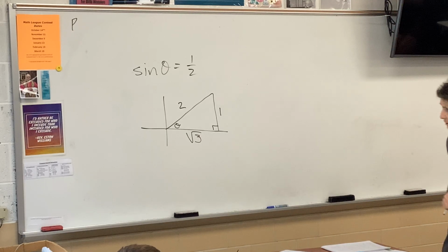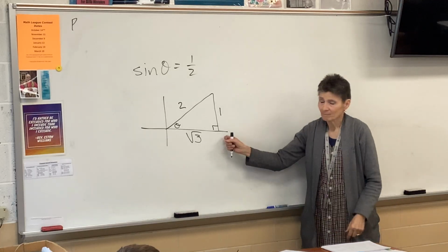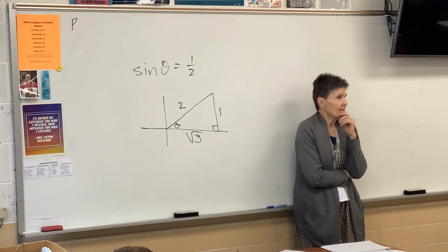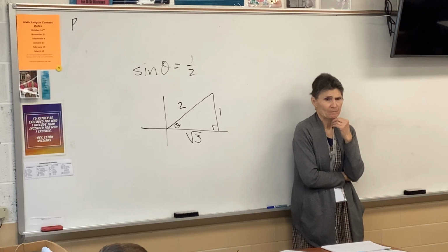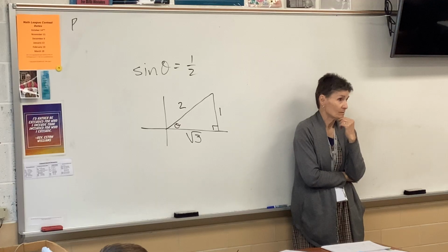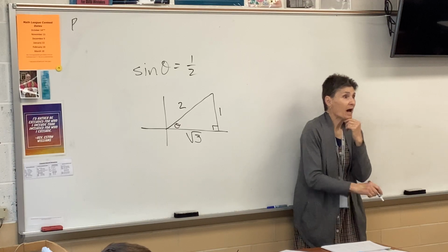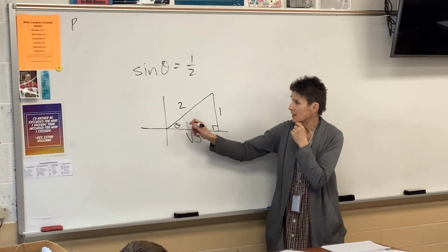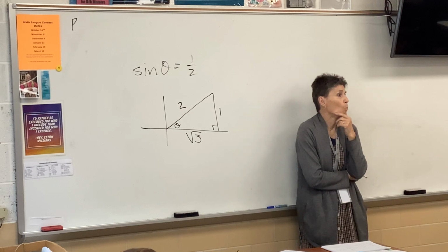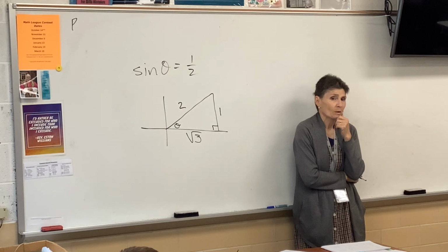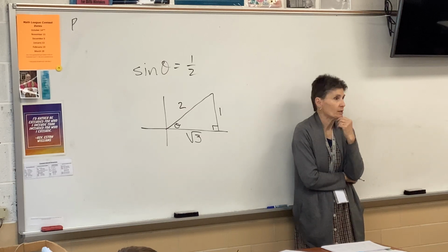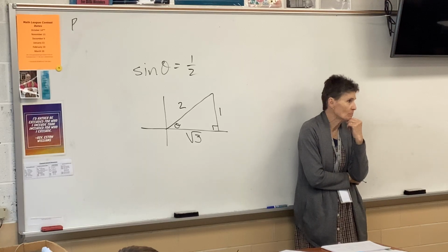So taking a look at that triangle, is that my 30, 60, 90 or my 45, 45, 90? That's 30, 60, right? And I want to know the angle that is across from the 1. What angle is across from the 1? 30.